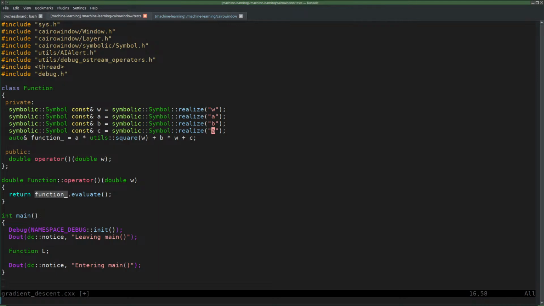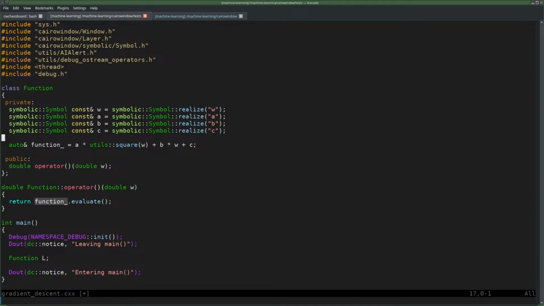Maybe I should make these constants actually, but it doesn't really matter that much. I can assign them.